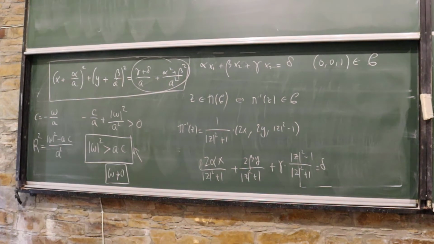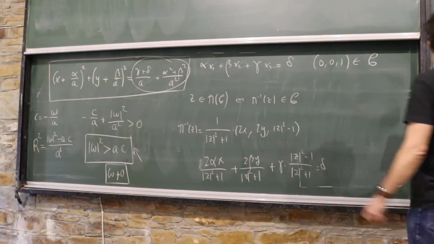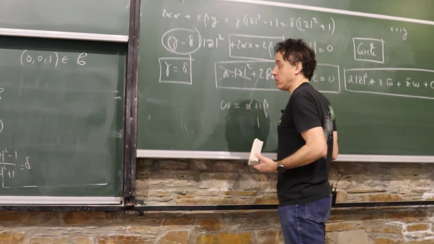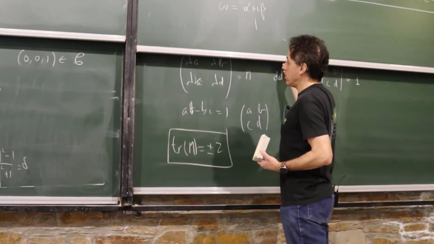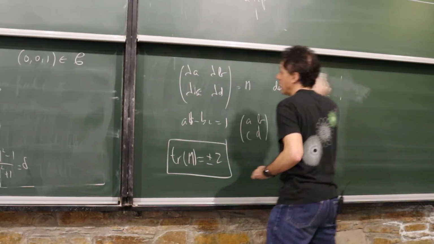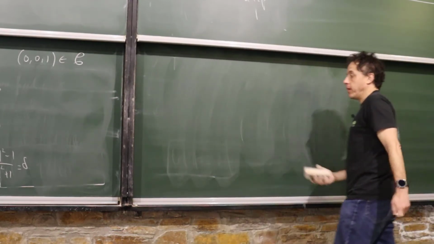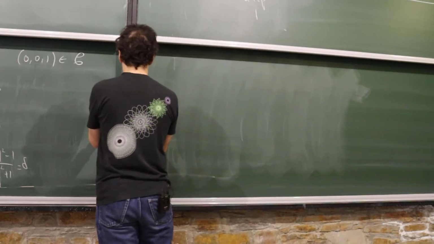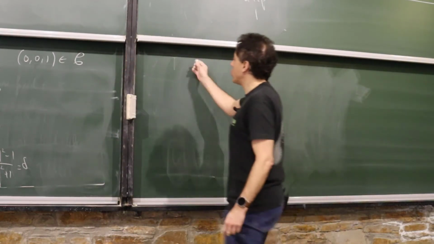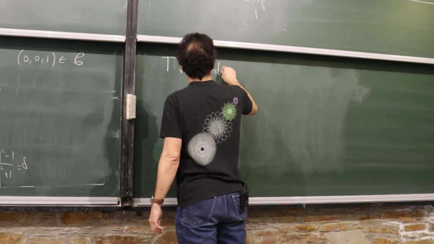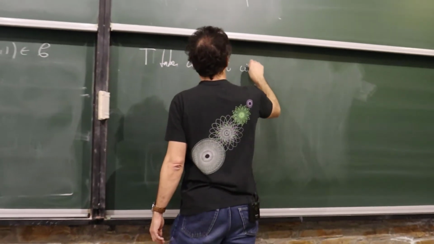So why are circles important? Well, one interesting property of Möbius transformations is that a Möbius transformation always takes circles into circles. T takes circles into circles.